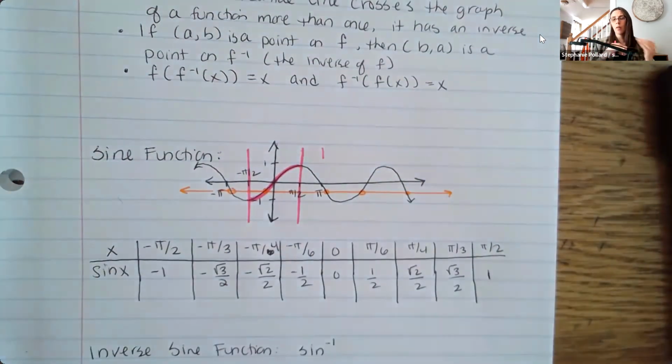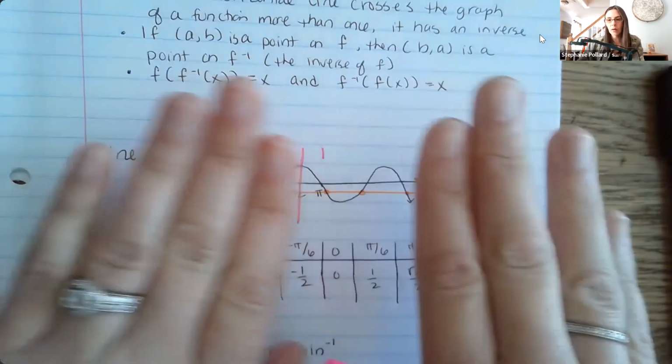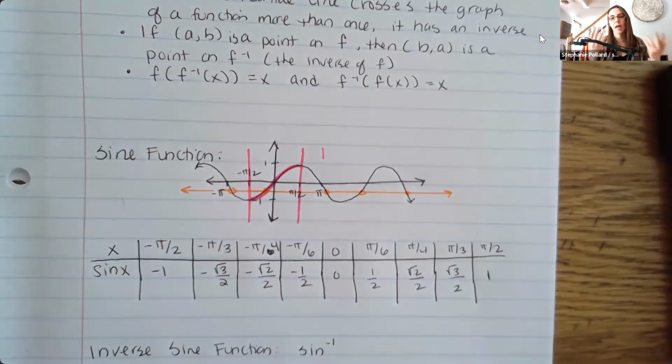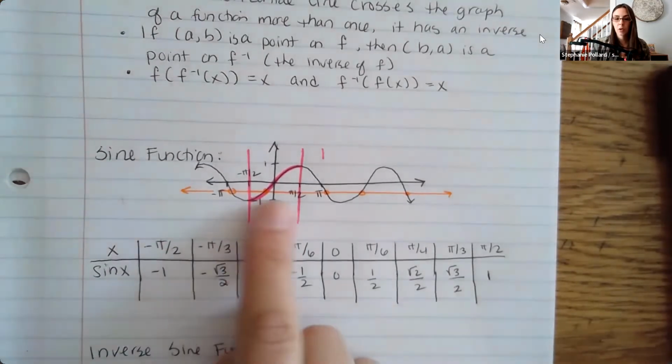It's still going to run through all the possible y values. Keep in mind too that because the sine function is periodic, I could cut it anywhere along the graph that I want to, as long as that part of the graph passes the horizontal line test, and you can find an inverse for that part. So what we're doing here can be extended to any region where we want to cut the graph, but this is the most common.